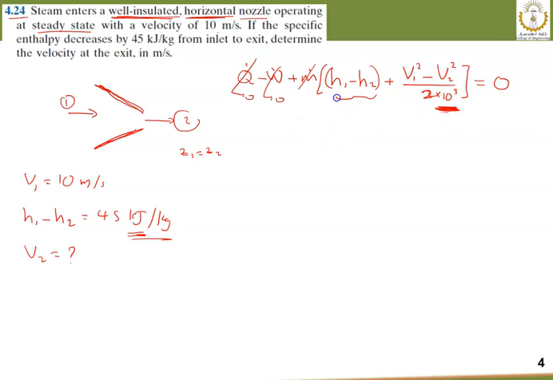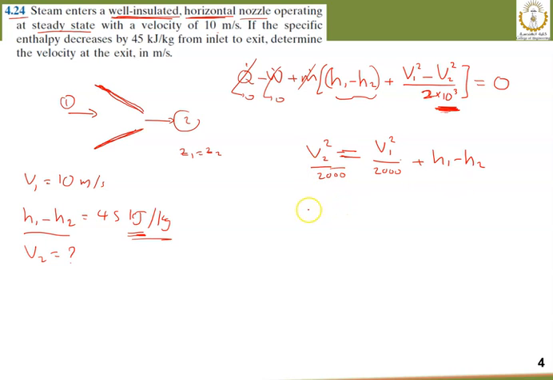So we already have H1 minus H2 given to be 45. So we can write, we take it step by step, we take V2 square over 2000 on the other side, equals V1 square over 2000 plus H1 minus H2.